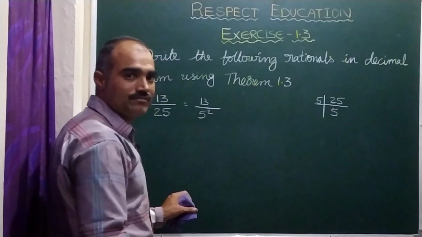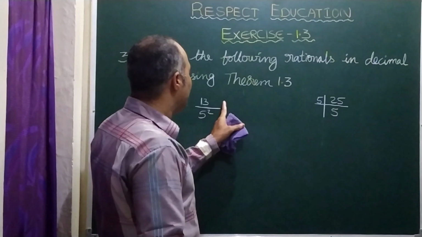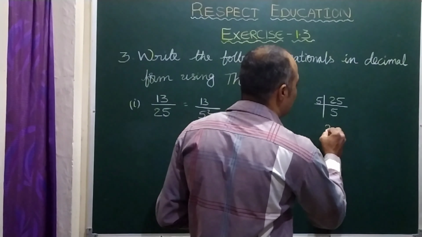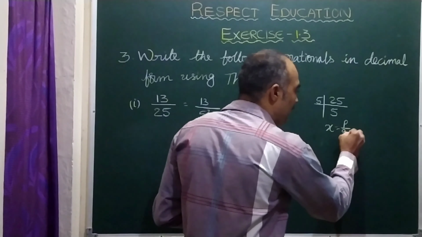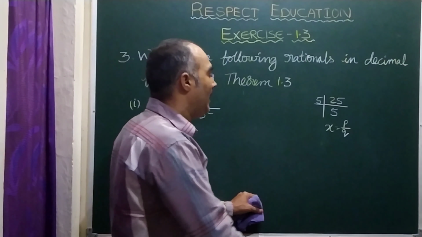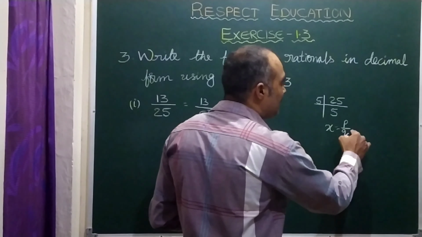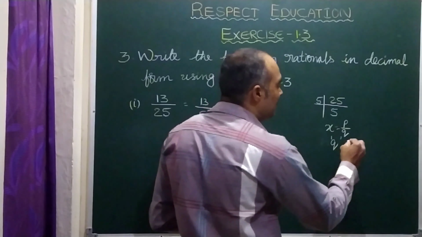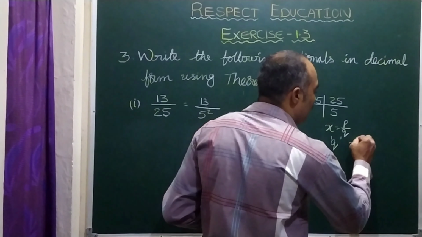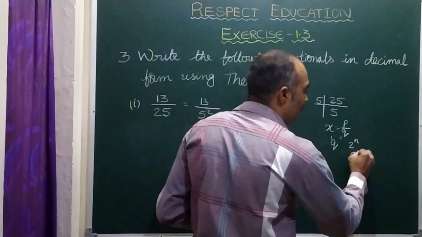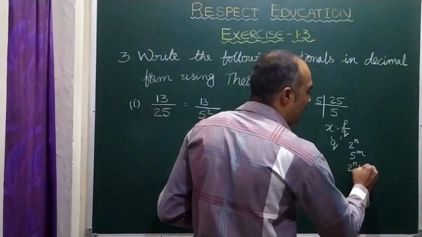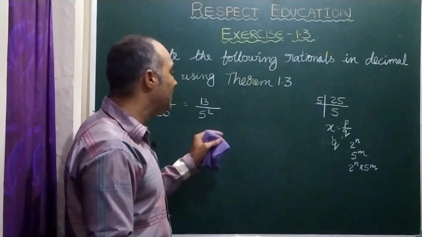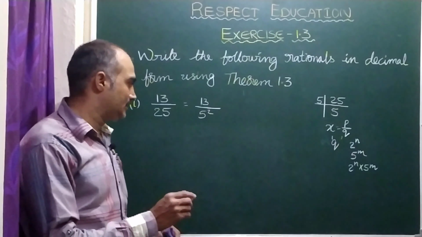As you know, children, if x is equal to p by q, a rational number, and if the prime factorization of q is of the form either 2 power n or 5 power m, or 2 power n into 5 power m, in that case this will be a terminating decimal expansion.